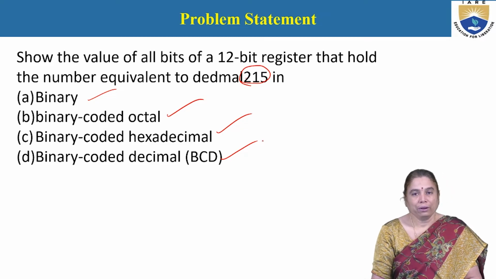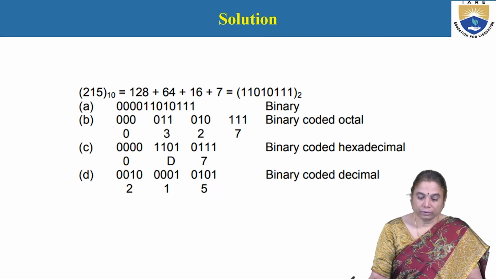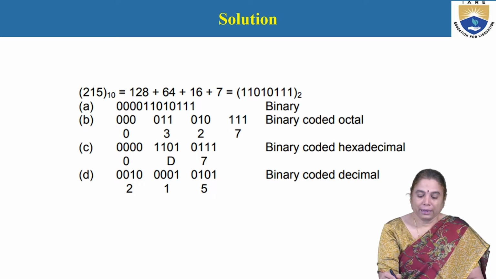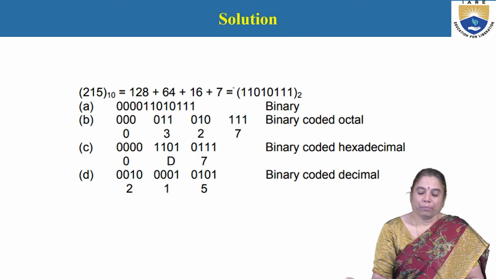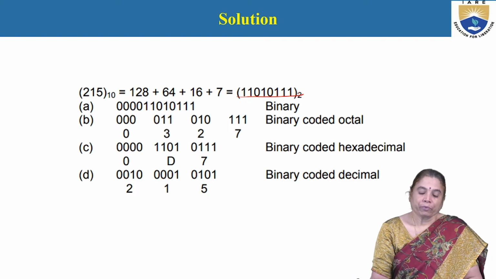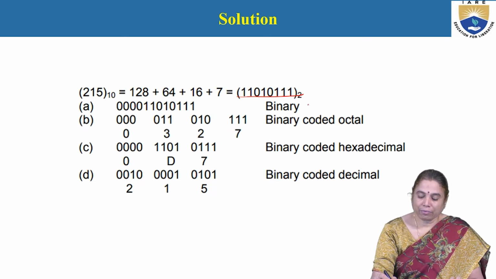The register value can be represented in binary, binary coded octal, binary coded hexadecimal, and binary coded decimal form. So first we have to find the binary equivalent of 215 by dividing 215 by 2 and writing the remainders in bottom-up fashion. So the binary equivalent of 215 is 11010111. And that is the case of binary.